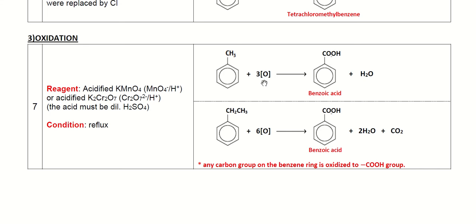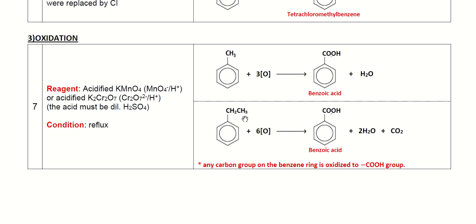Now, what happened if, let's say, instead of having methylbenzene, you have ethylbenzene? So, what happened to the CH2CH3? The same thing. No matter how long is your carbon chain here, it will only give you one carboxylic acid group. So you don't say that it's COOH and then another COOH.